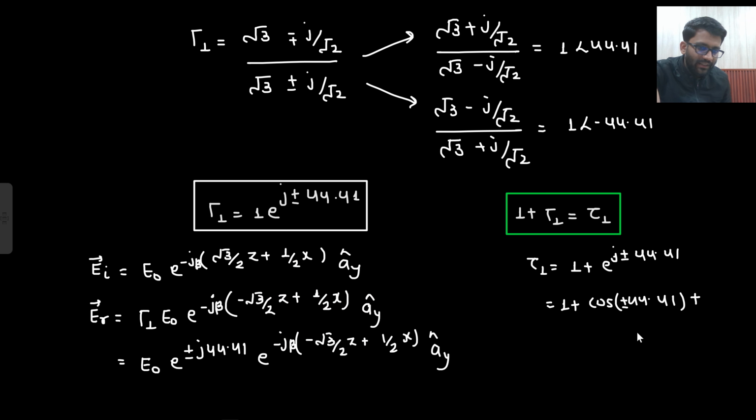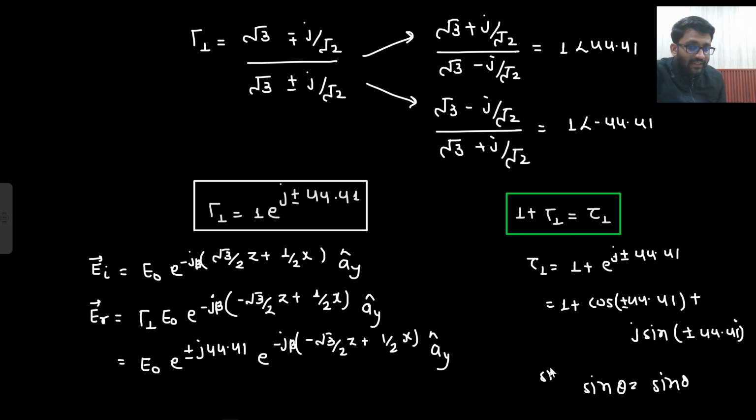Plus j sin theta. What is theta here? Plus minus 44.41 degree. But sine of minus theta is equal to minus sine theta. So in case of sine, this minus sign will come outward. So what we are getting here eventually, this is my tau perpendicular.